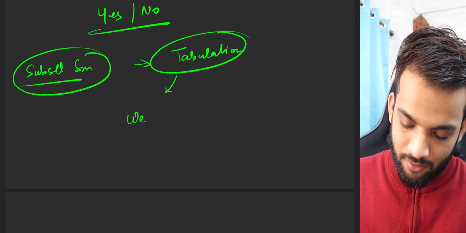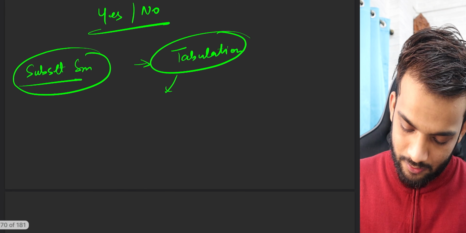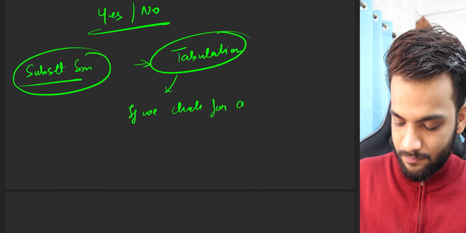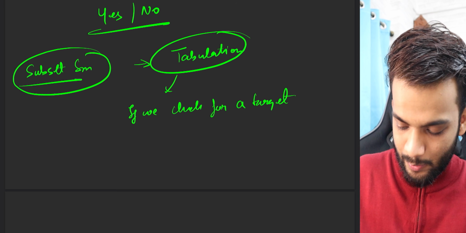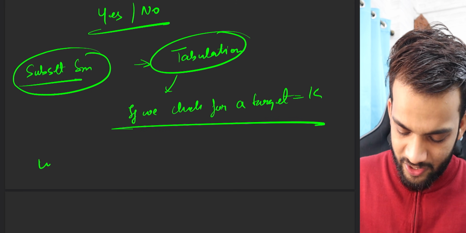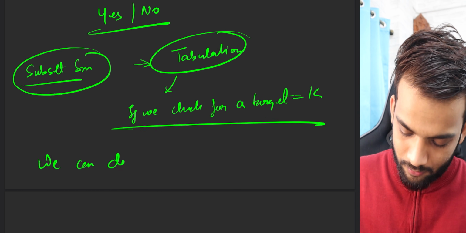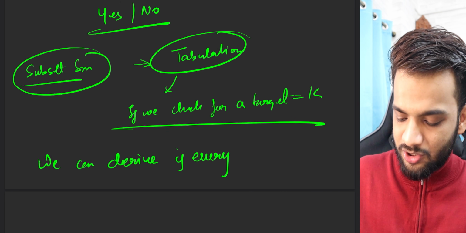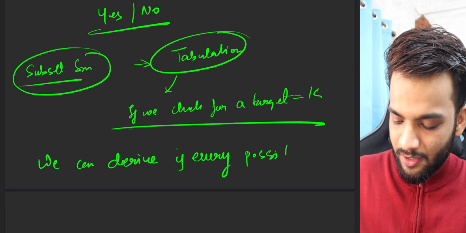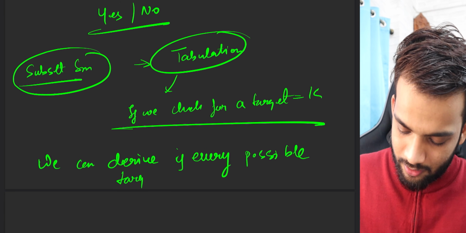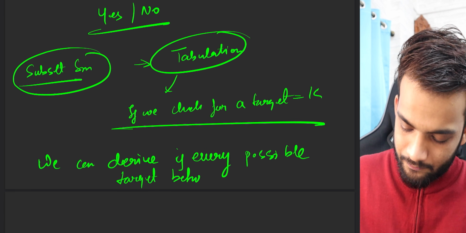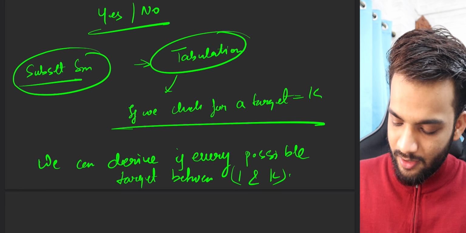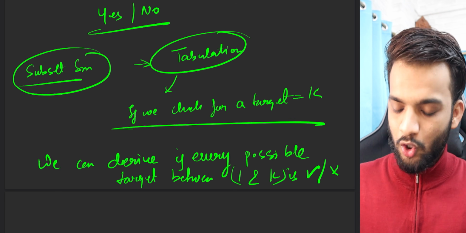We can check for a target equal to k, and we can derive whether every possible target between 1 and k is possible or not.